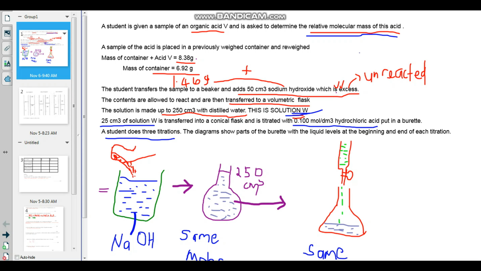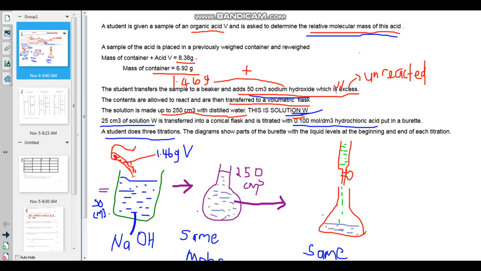Let us look at these diagrams to help us understand what is happening here. Here we have 1.46 grams of acid V, and it is mixed with 50 cubic centimeters of sodium hydroxide, according to the question.